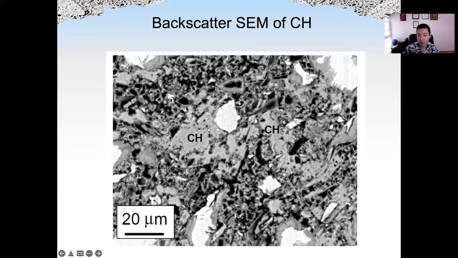The second brightest color is calcium hydroxide. Okay. The gray color is CSH, and the black color is voids. Okay. AFt and monosulfoaluminate have a similar gray scale compared to CSH.